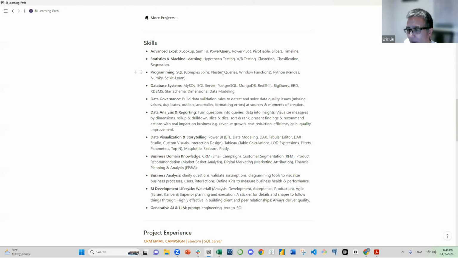So complex joins, nested query, window functions. You can write more. You can write transaction SQL, and then you can put down performance tuning and stuff like that, just to show the world that you are a power user of SQL. Okay, the same with Python.